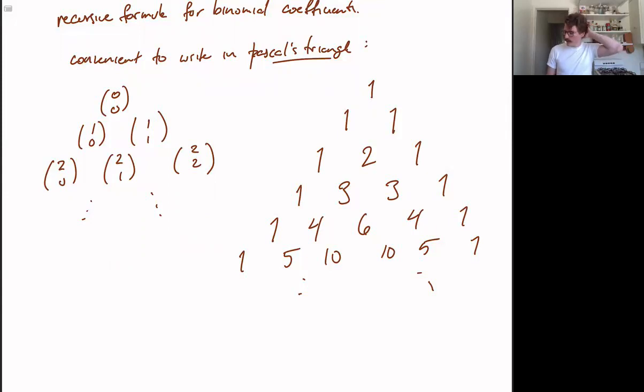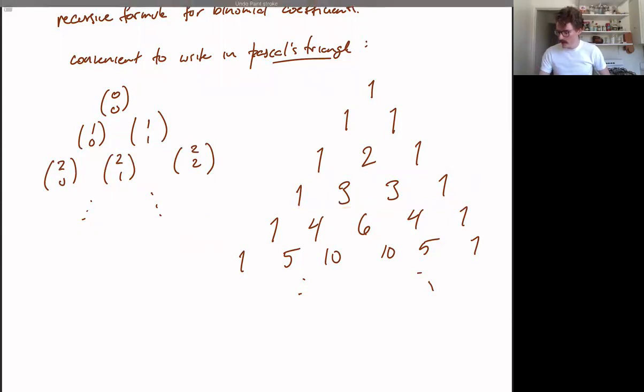So as an example, let's just verify this thing we proved a second ago, that the sum of all the binomial coefficients with a fixed n is 2 to the n. So if that was a bit abstract before, now we're essentially saying that if you add up any row of Pascal's triangle, you get a power of 2.